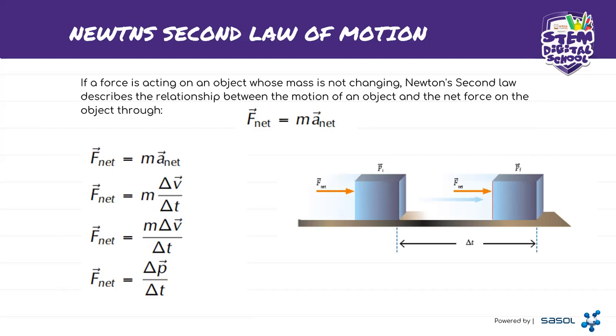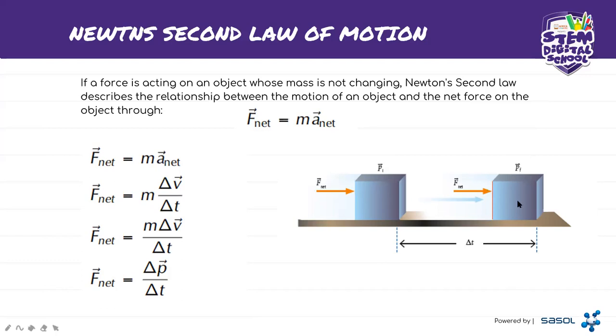So if you have an object like this, you're going to have your little box. It doesn't change. It's still the same mass, but it's moved to a certain position. In this position, you need to apply a force for this object to move. So when we calculate the force net and we calculate the rate of change, there's a specific time that you're going to take in order to reach position B. So this is position A, or the initial position, and this is the final position.